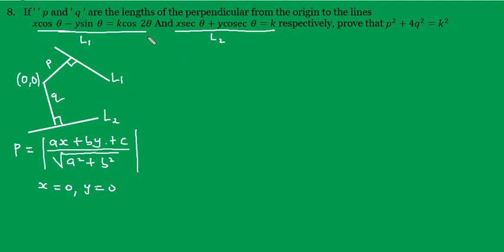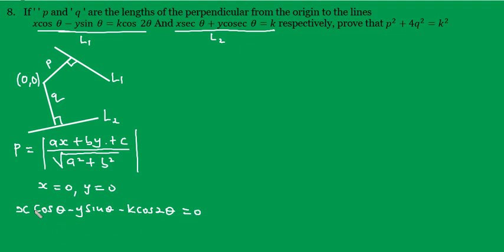Let me deal with line 1. If I'm writing in the form of ax plus by plus c equal to 0, then put everything on the left. I'll be having x cos theta minus y sin theta, then minus k cos 2 theta equal to 0.